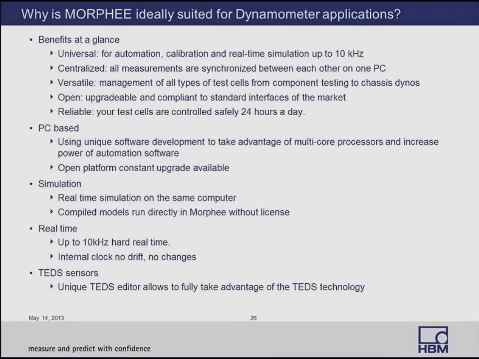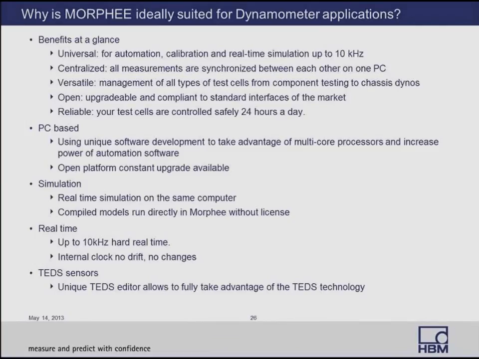Morphee is also capable of doing simulation. It's very important in today's testing because you don't always get the chance to have the prototype available to do testing with your current hardware. So in order to do that, you can create a model of your prototype, of your new hardware, and you can link this prototype or this simulated prototype to your real hardware using simulation.